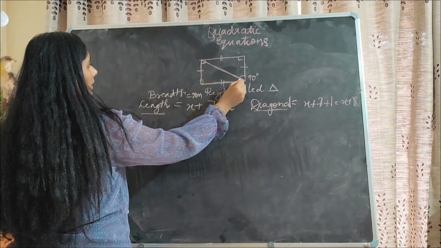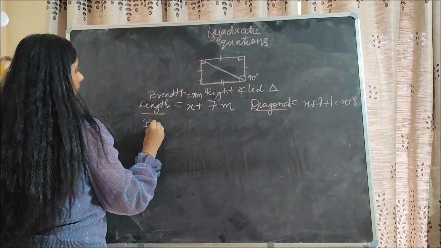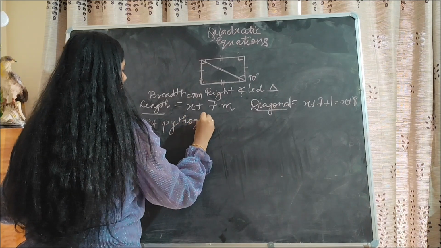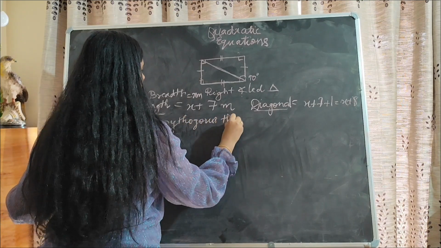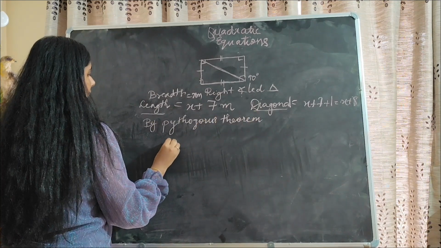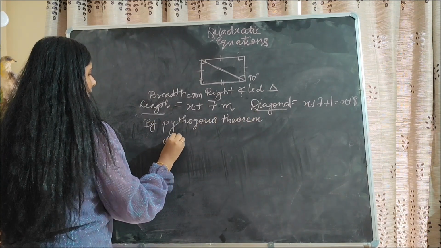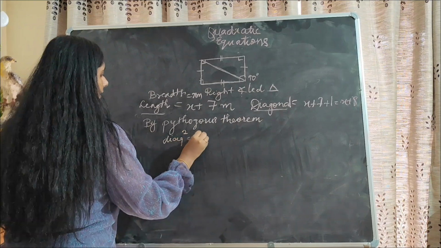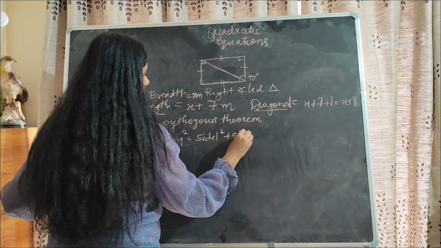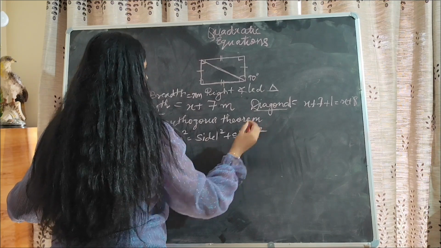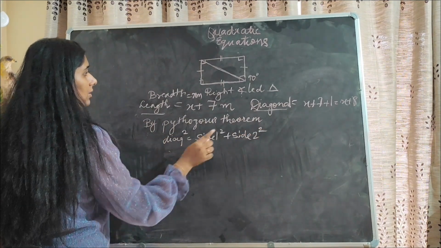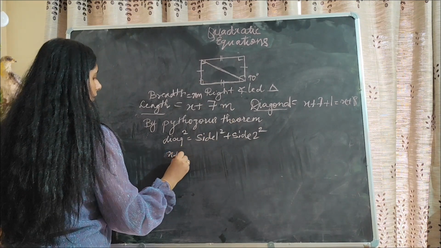By Pythagoras theorem, diagonal square is side 1 square plus side 2 square. So diagonal is x plus 7 plus 1.